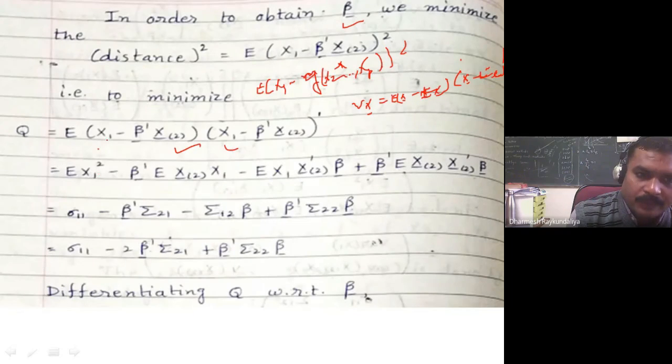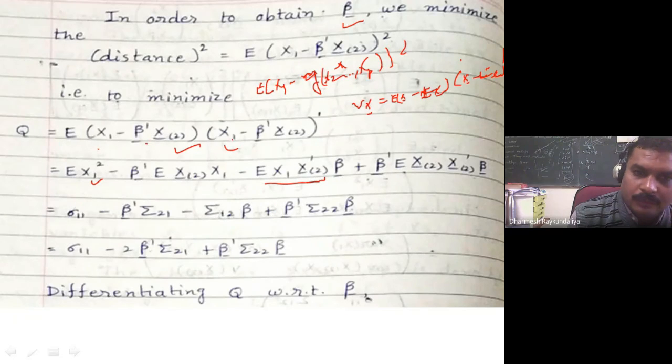So if I'm multiplying this x1 with this x1, it is x1 square. This x1 multiplied with the beta transpose x2. Beta transpose is a constant because it is a fixed value, and x2 has a certain mean. So here what happened, you can write it as x1, and this is beta transpose x2. Okay, so this quantity is here. Beta transpose is beta, so beta is outside, so it is expectation of x1 x2 transpose.